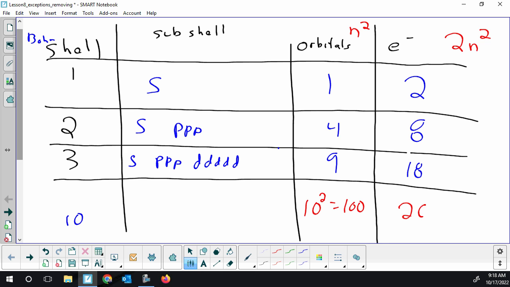And it's going to hold 200 electrons, 2n squared. So hopefully this can recap some of the patterns and give you a visual of the words shell, subshell, and then orbitals. Again, you can think of orbitals as those boxes in orbital diagrams.